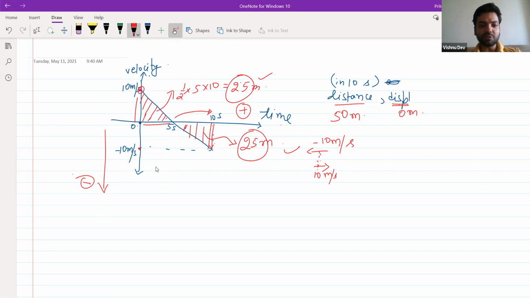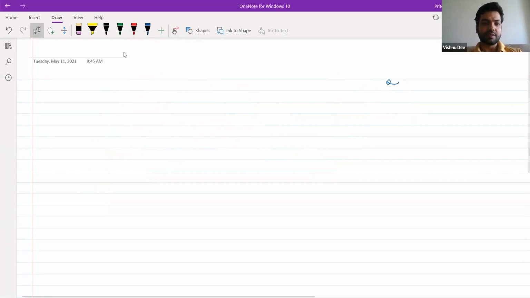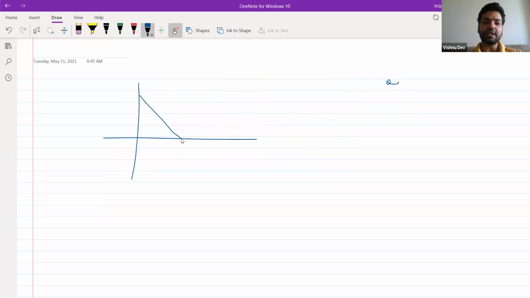I'll modify this question a bit. Same question, no need to calculate again. I'll just give you the same values so that the areas will be the same. This is 10, 5 seconds, and this is 10 seconds. This is again velocity and this is time.